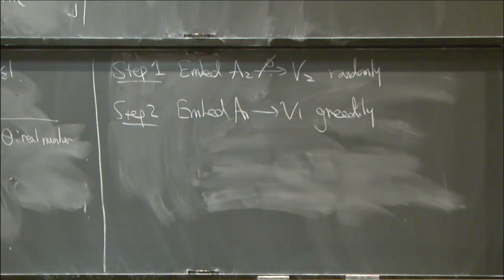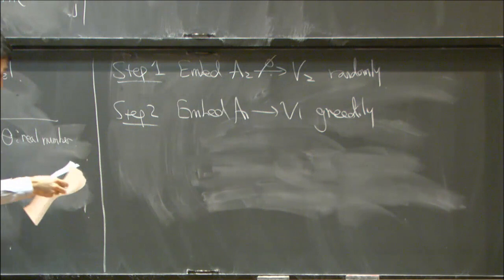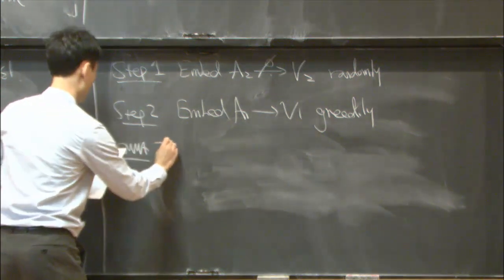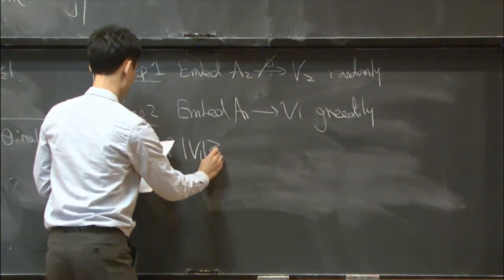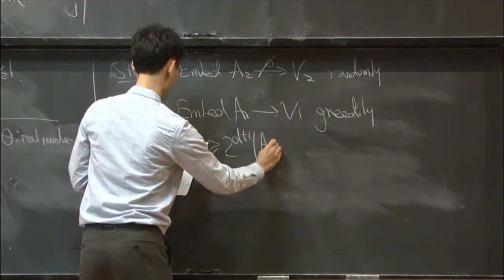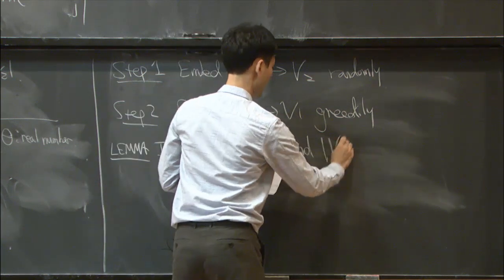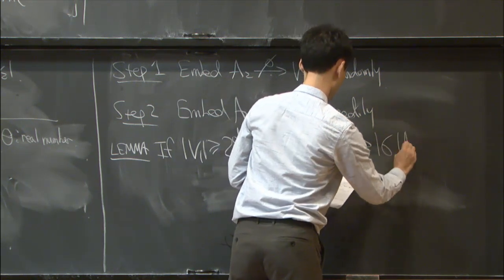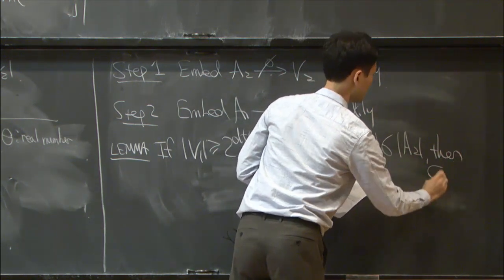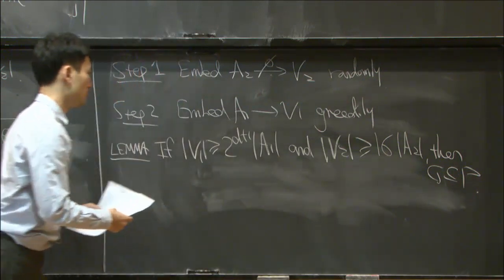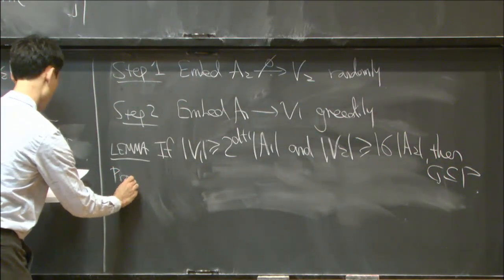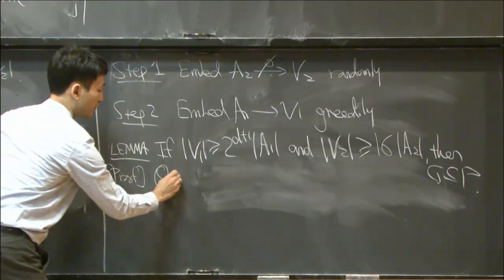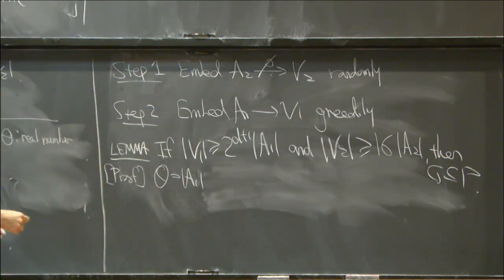So let me first state the exact theorem I want to prove. OK, so lemma. If V1 is at least 2 to the D plus 1 times A1, and V2 is at least, I think 16 will work here, then G is contained in gamma. OK. So I will use theta to be equal to A1, as Noga said.